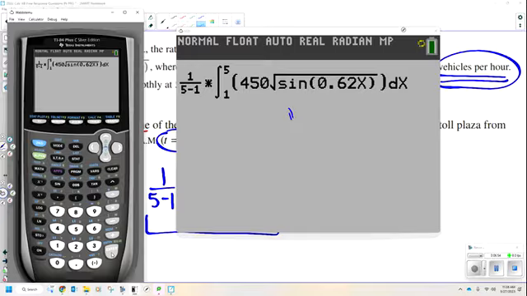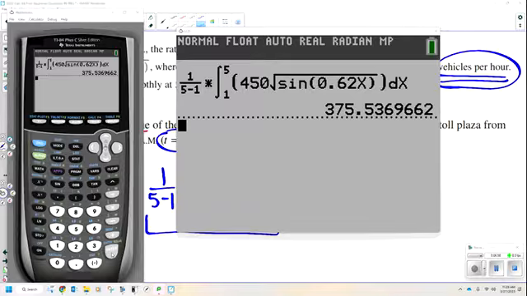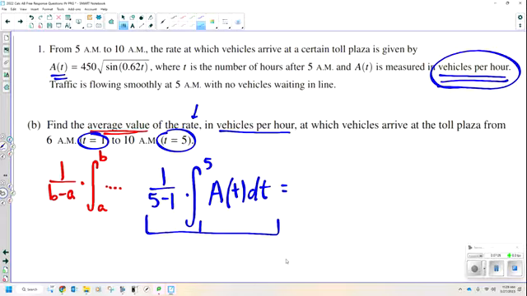And if I did that right, it's 375.537. I'm going to go 3 decimal places because any multiple choice problem we have always goes 3 decimal places.